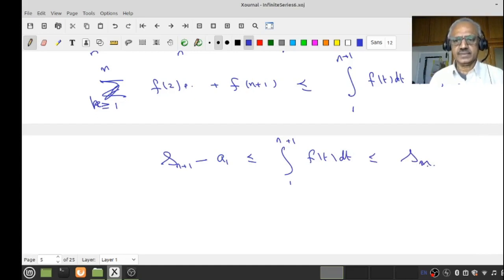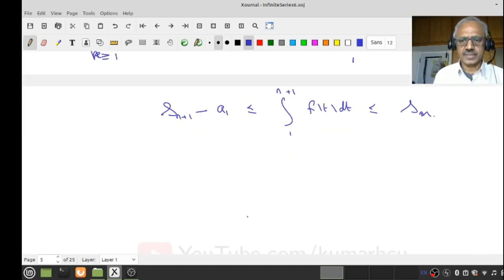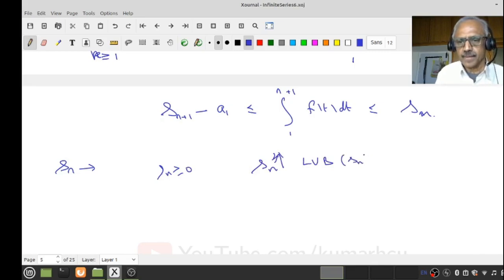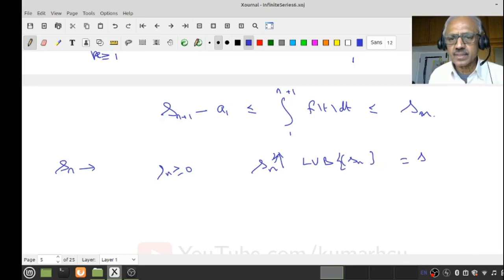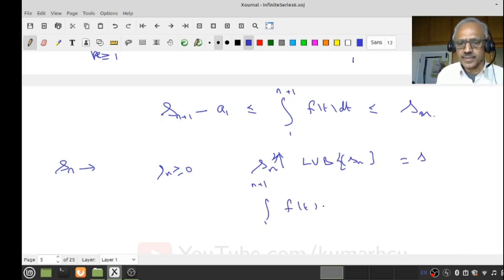Now this is very easy. Suppose S_n converges. Remember, the S_n are all non-negative, therefore S_n increases to the LUB of S_n. Call it S. Therefore the integral from 1 to n plus 1 of f(t) dt is less than or equal to S for all n.